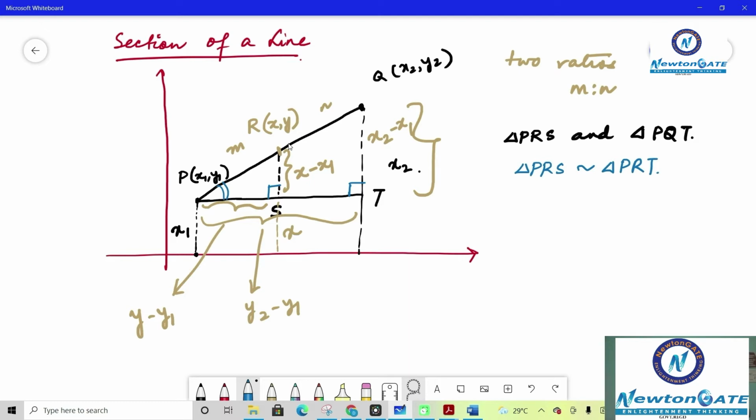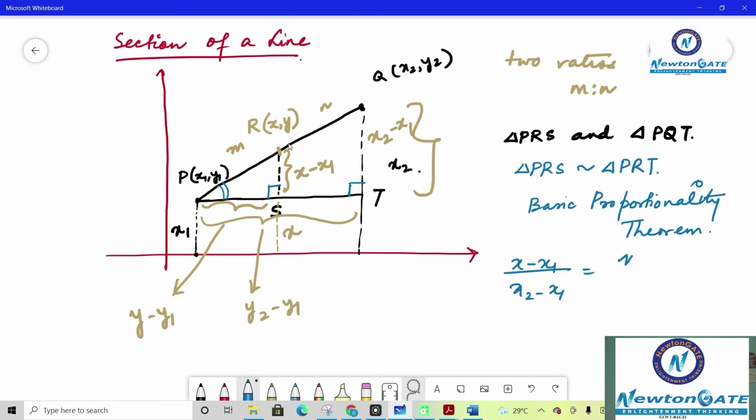So using the BPT theorem or basic proportionality theorem, again a very important thing to know, that the section formula is obtained by the basic proportionality theorem, we can say that x minus x1 divided by x2 minus x1 is equal to m divided by m plus n. On further solving, what we get? We get (m plus n) times (x minus x1) equal to m times (x2 minus x1).